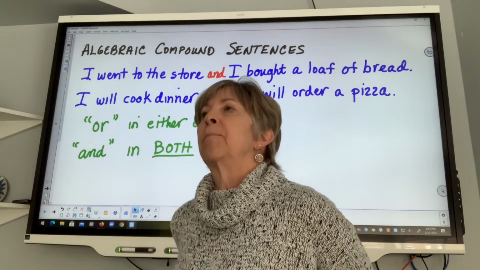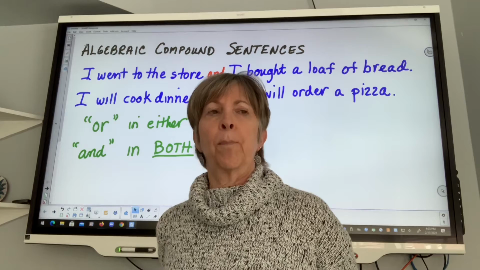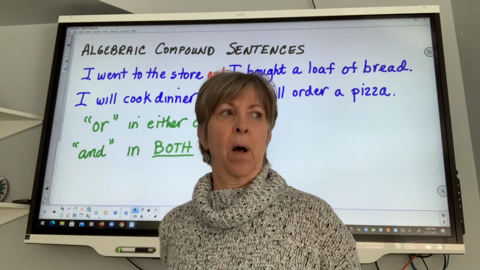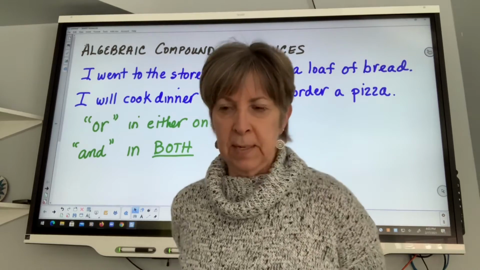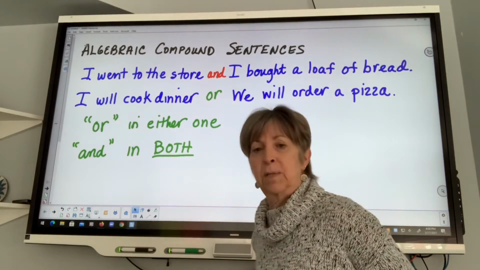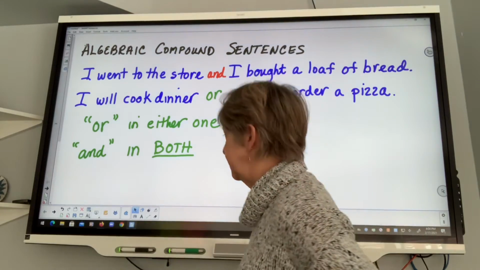Now, if he said, I want to see any kid who played both football and basketball, then you would only go if you did both. Does that make sense? So and means it must be in both, or means it can be in either one.